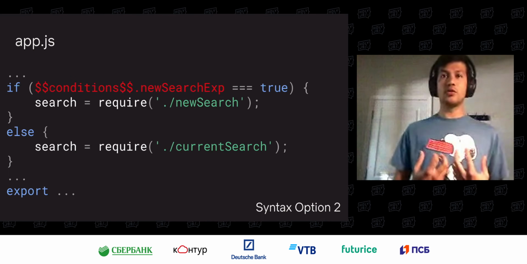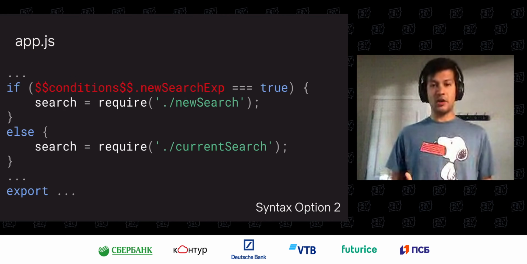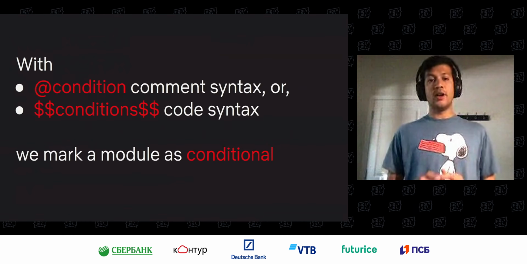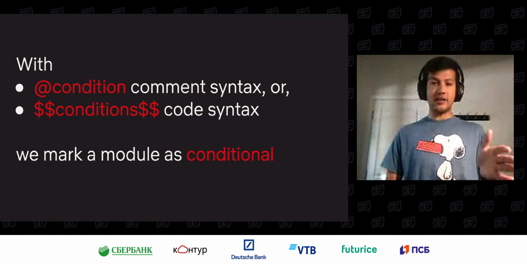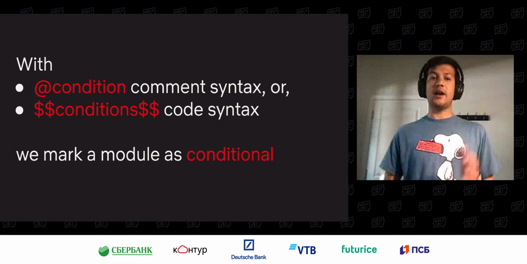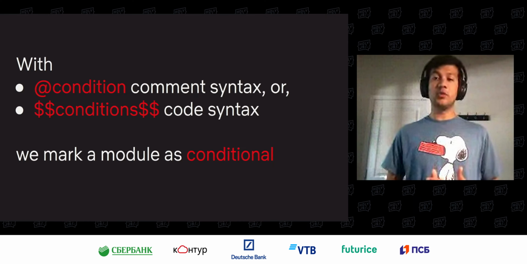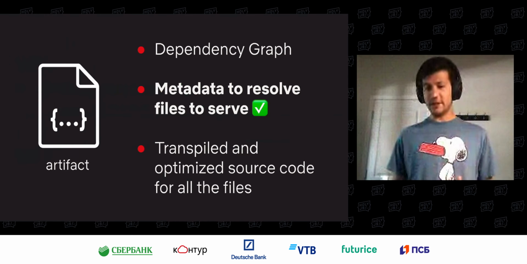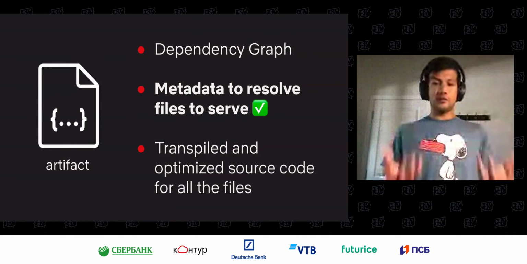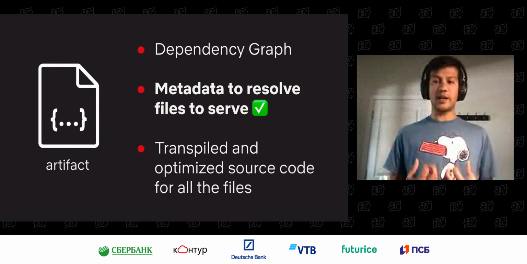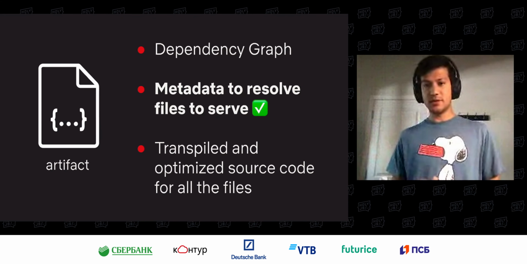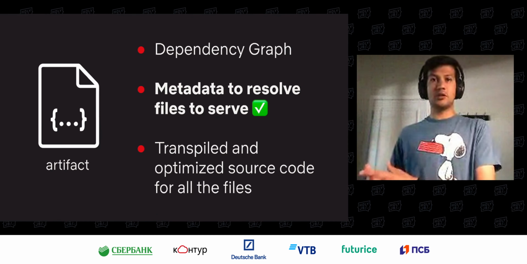And what we wanted to do was we wanted Webpack to understand these two syntaxes. So essentially, with the @condition comment and $conditions keyword, we were actually able to mark these modules as conditional. This helped us resolve the metadata to figure out what the different conditions are and what the different conditional modules are.